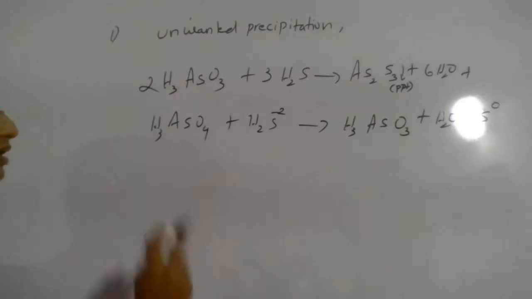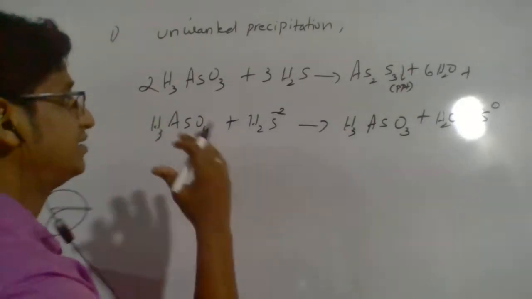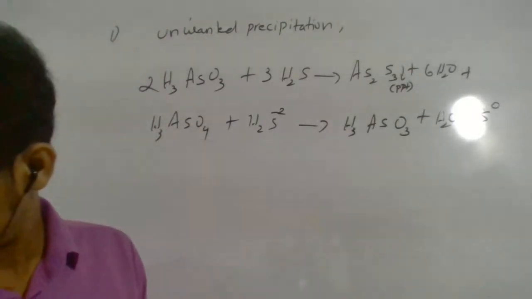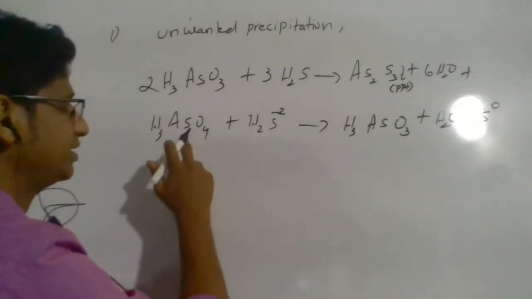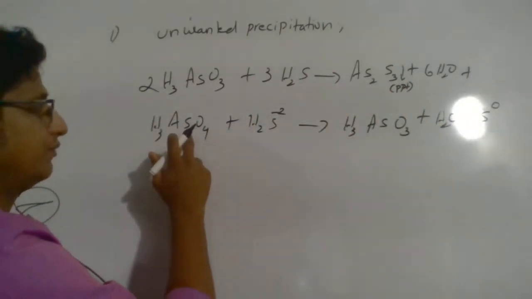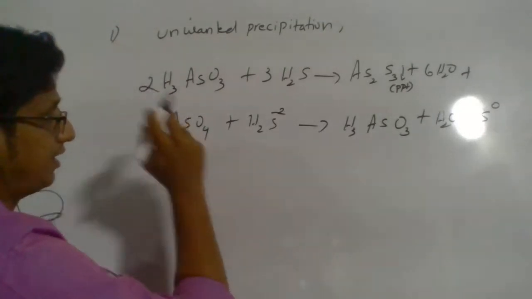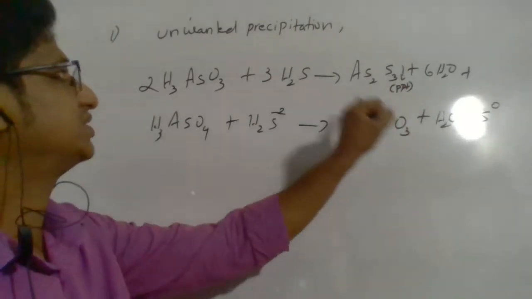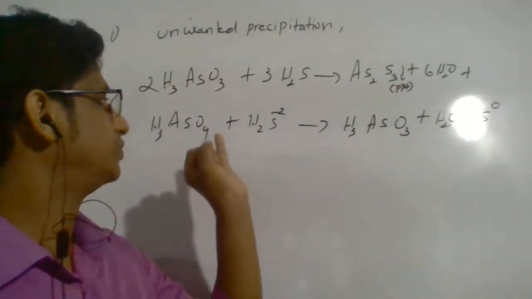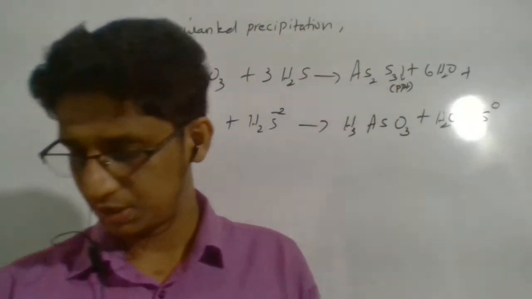So this is what arsenate is doing. Arsenate converts hydrogen sulfide to sulfur, and it itself is converted to arsenite. It's a slight difference: AsO3 3- is arsenite, AsO4 3- is arsenate.